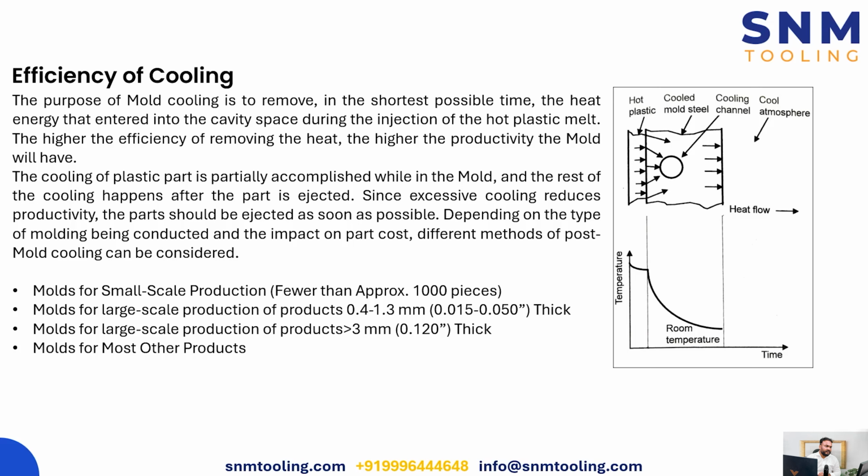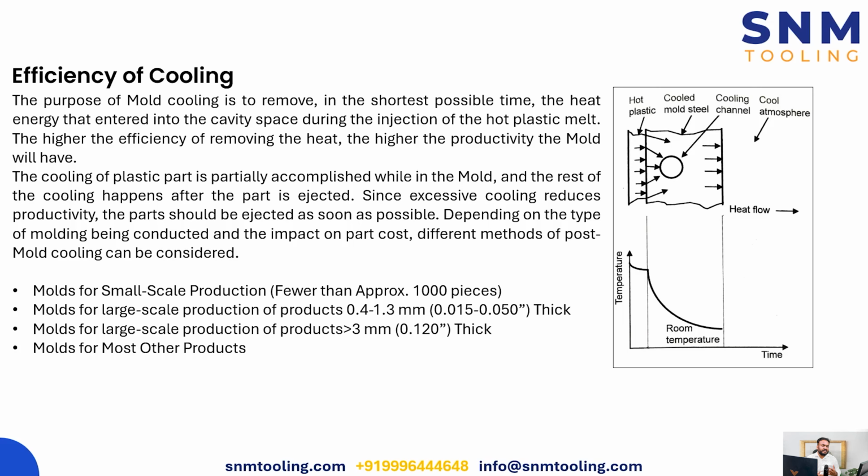As a matter of fact, partial cooling is accomplished in the mold while the rest of the cooling takes place when the molding is ejected. Excessive cooling reduces the productivity. Why? Because if we have to cool most of the plastic molding inside the mold, that would increase the cycle time and thereby decrease the productivity.